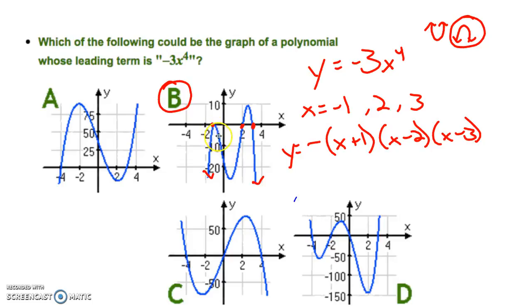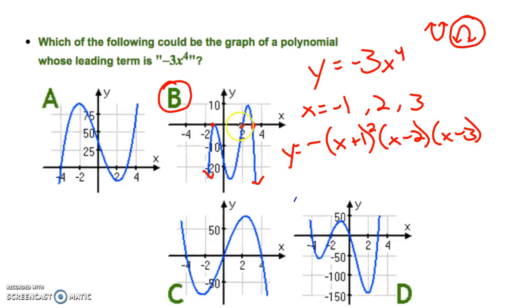And I see a bounce right here at -1. A bounce indicates that we should have an even multiplicity. So since -1 was this factor, we're going to make that factor squared, and that will tell us that there's a bounce there.